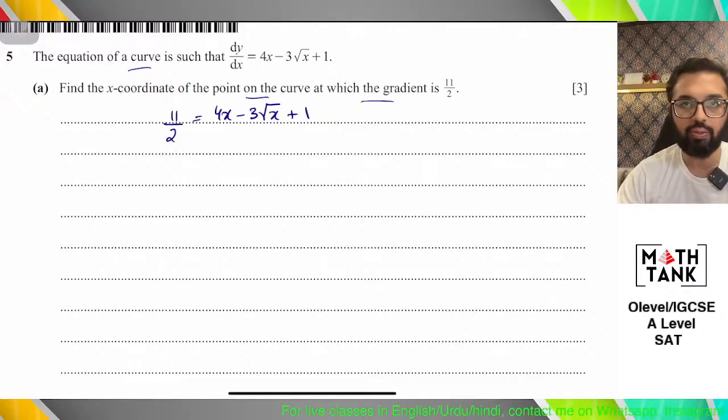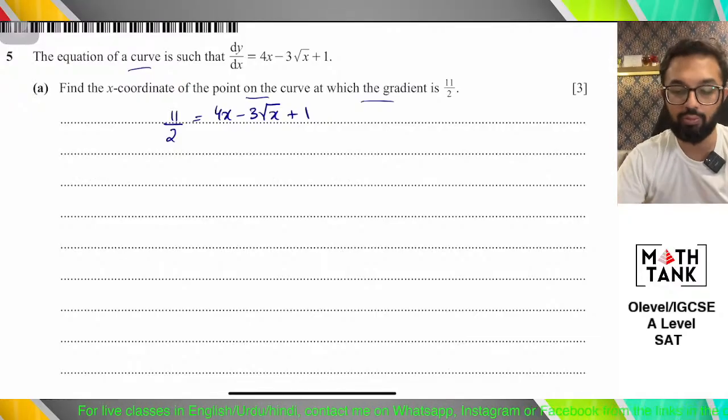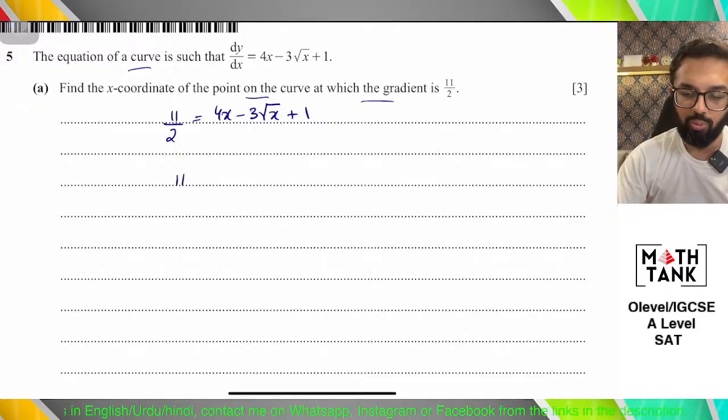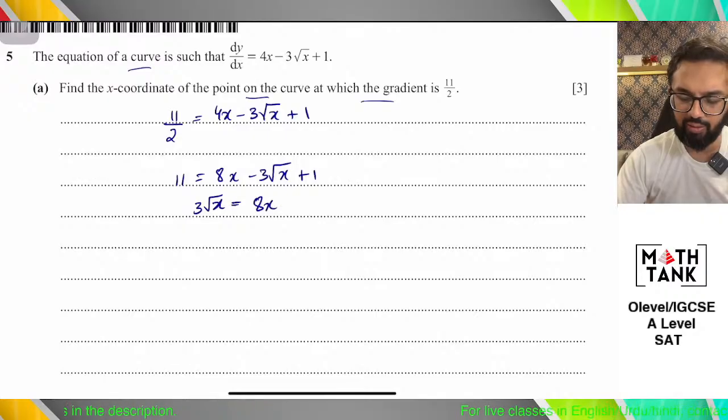Now you could treat this as a quadratic equation and take a substitution and then start solving. Or I think I'll be able to move this around a little and just square both sides and get to my final answer. So I can bring 3 root x to this side and this becomes 8x minus 10.